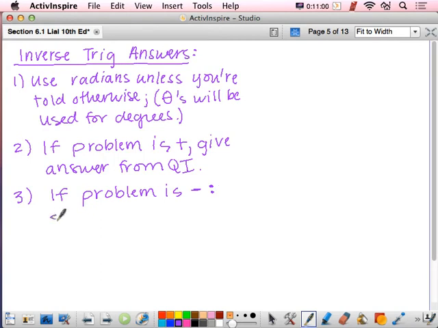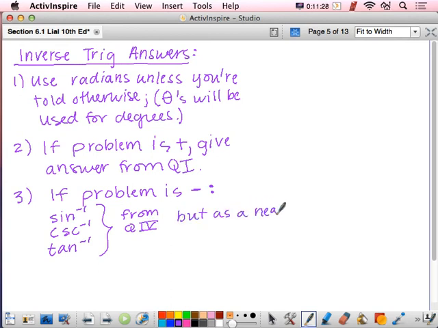For inverse sine, inverse cosecant, and inverse tangent, you give that answer from quadrant 4, but you answer with a negative angle. So from quadrant 4, but as a negative angle.